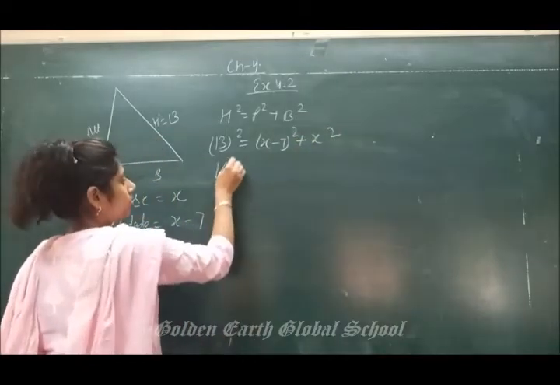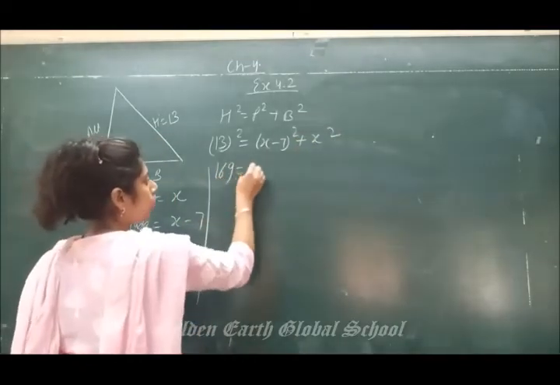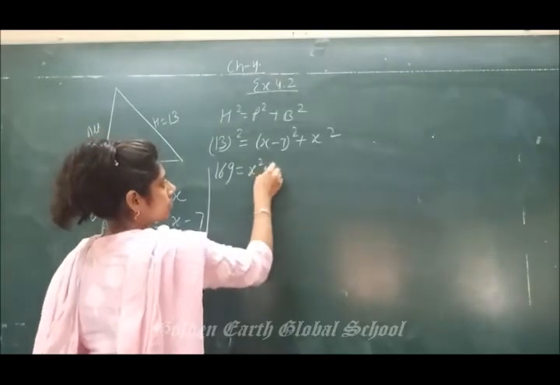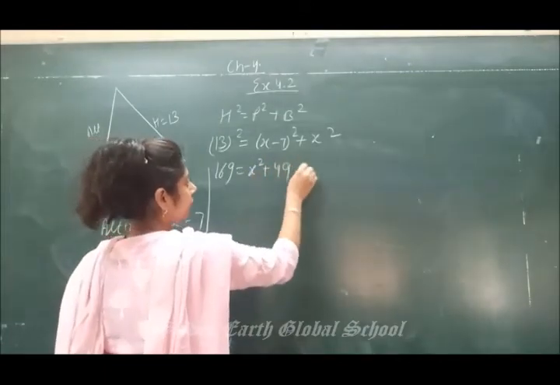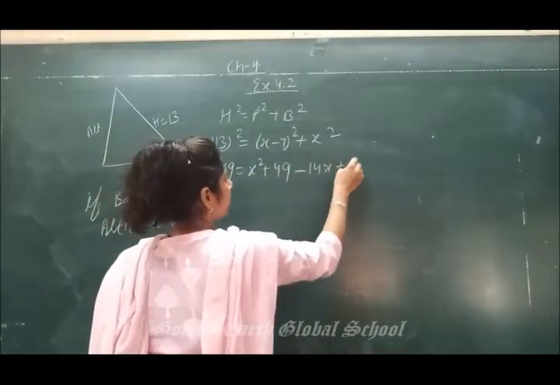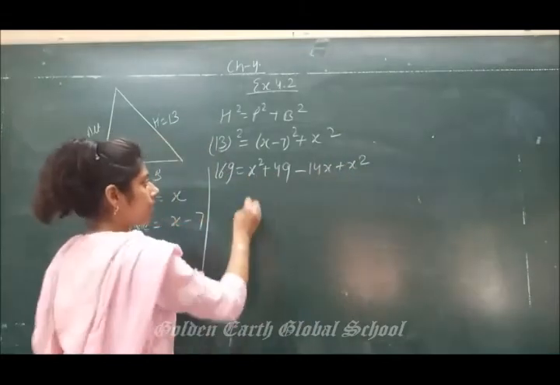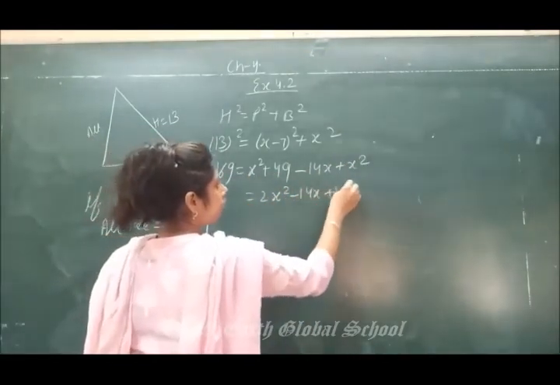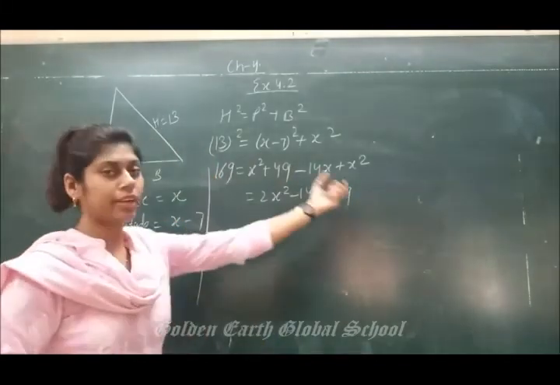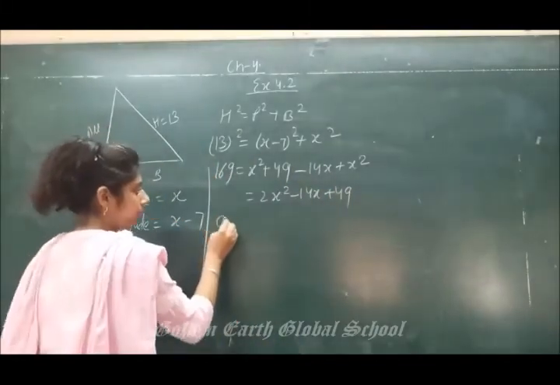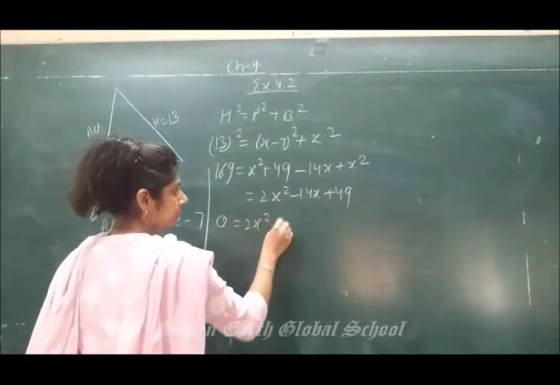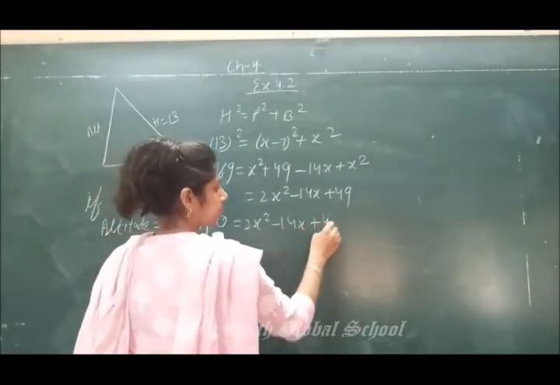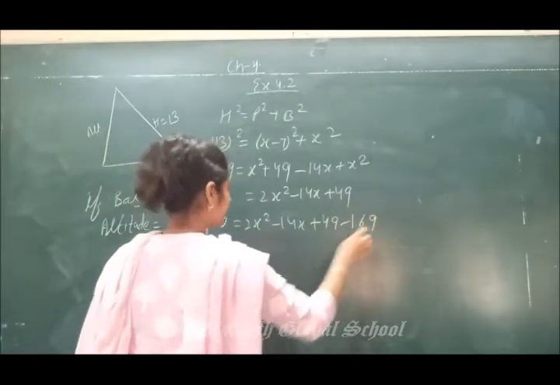Simplify it. 169 equals, open the identity, 49 minus 14x plus x square, plus x square. So 2x square minus 14x plus 49. Now shift 169 to the right hand side, here it will be 0, minus 169.